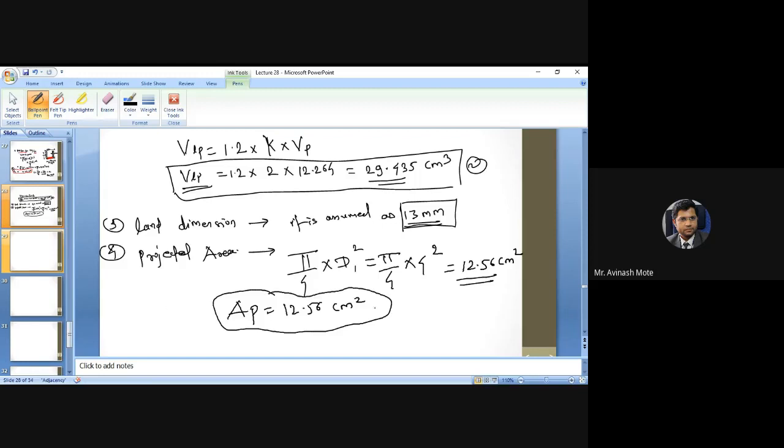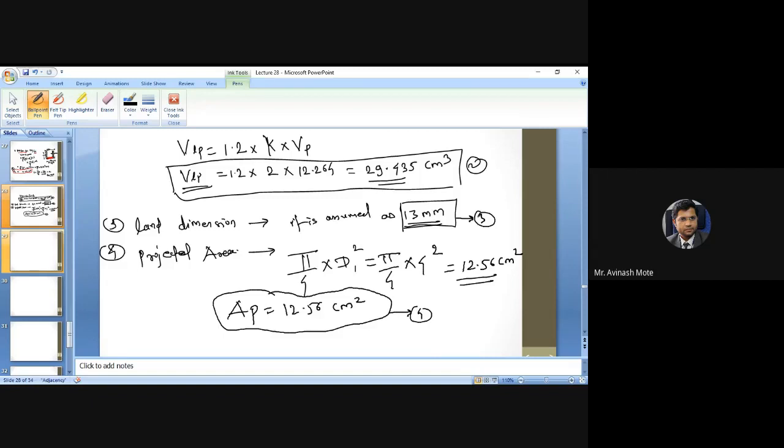This was the fourth part. Volume of product, then volume of loose powder, then flash allowance, then land dimension, and then projected area. Getting it?